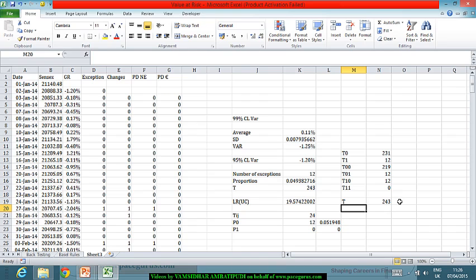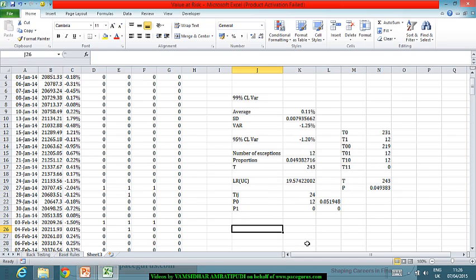So from here I can get my pi or P, which is the proportion of the total number of exceptions that have occurred, which is T01 plus T11 divided by overall T. This is the value of P.